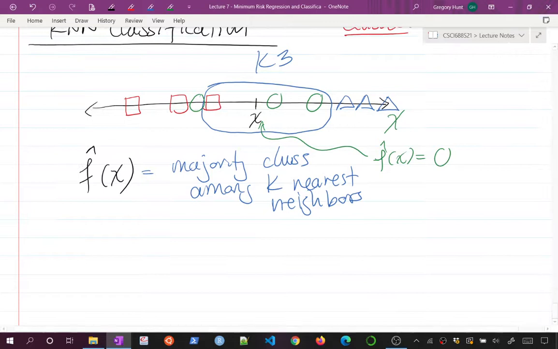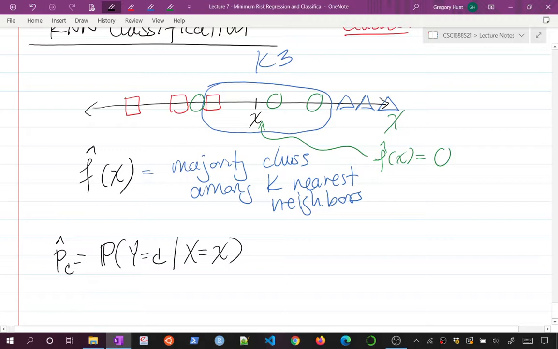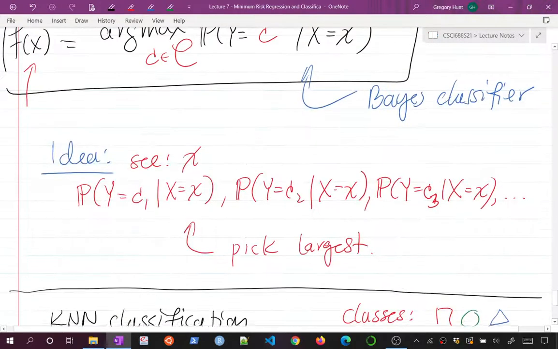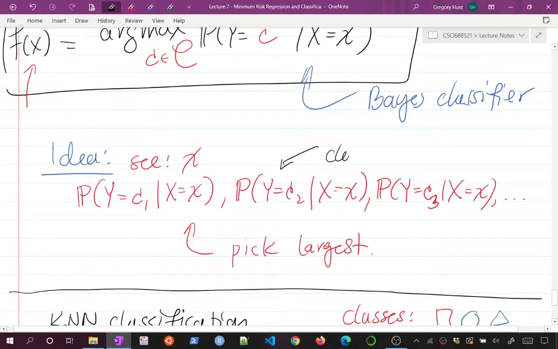One way you can write this out is as follows. I'm going to say p hat of my class is the probability y is equal to that class given my x, and I'm going to approximate those class probabilities, which is what we call these things. We call them class probabilities.